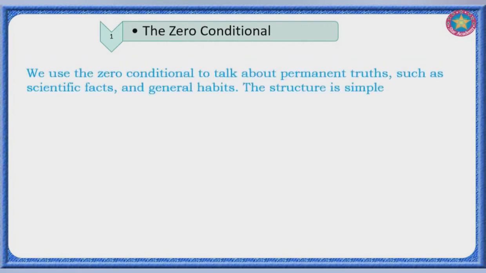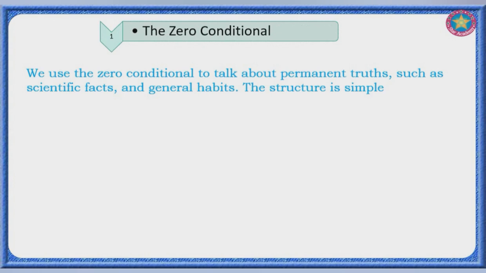First, we will study the zero conditional. We use the zero conditional to talk about permanent truths such as scientific facts and general habits.